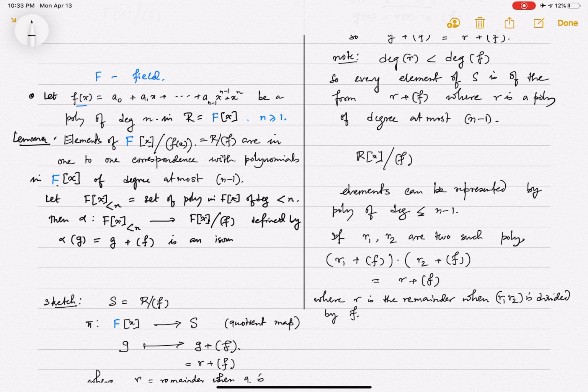Isomorphism of vector spaces. It's not an isomorphism of rings. The left-hand side is not a ring. Or at least it's a bijection. If you are not comfortable with isomorphism of vector spaces, it's just a bijection.